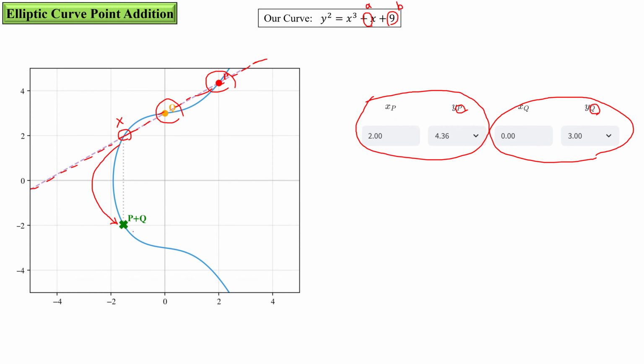So this is a very simple method to compute the addition of 2 points. Other than the figure and drawing the line, we have a formula that allows us to compute the addition.